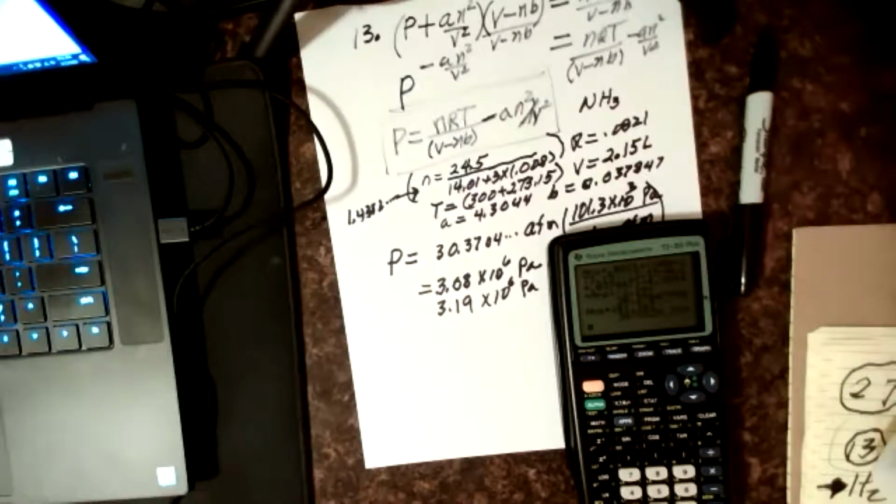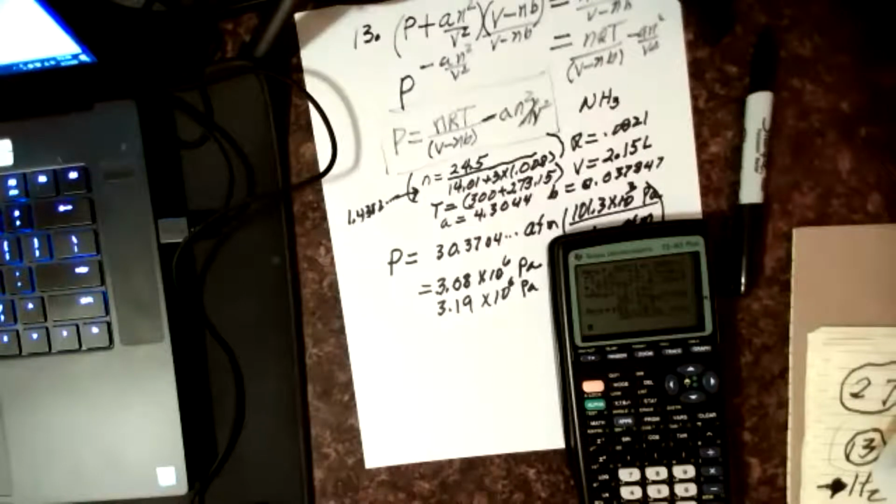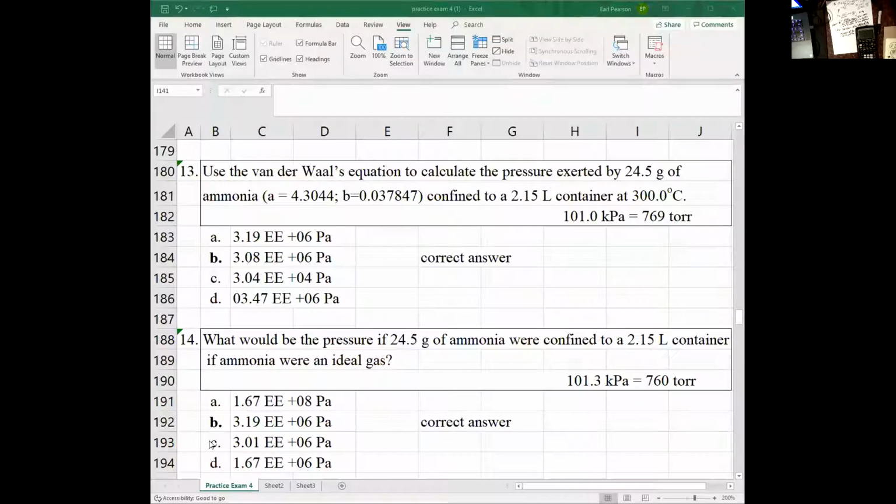Unfortunately, there's two answers there that I'll go back and double check on this key. Let's see. I need to screen share and show you what I'm talking about. It turns out that would have been a pretty tough answer. I don't usually put two answers that close together. But 3.19 times 10 to the 6 is what I should have gotten.